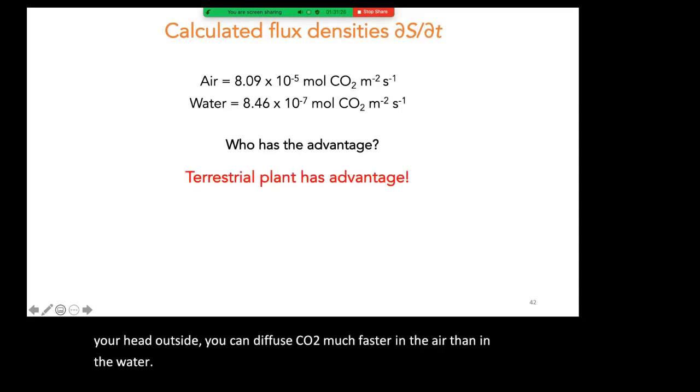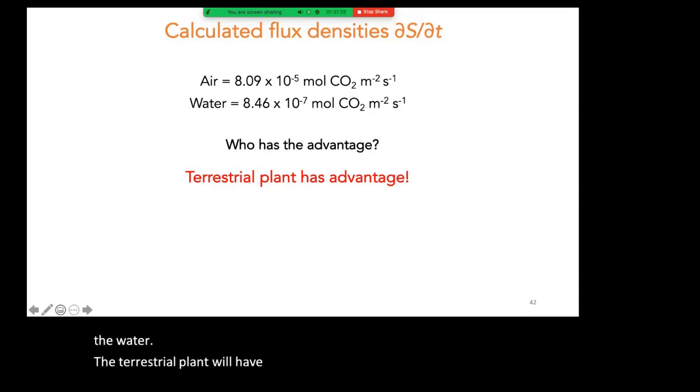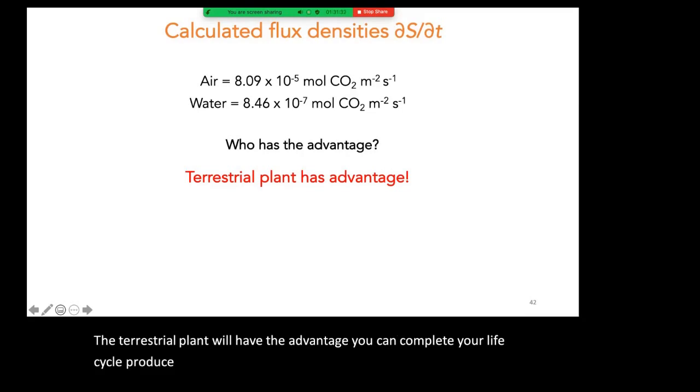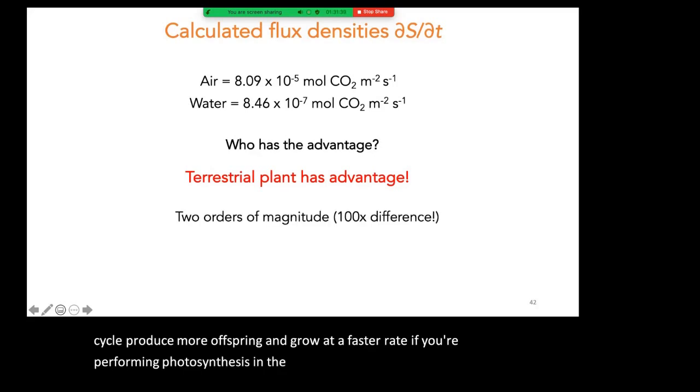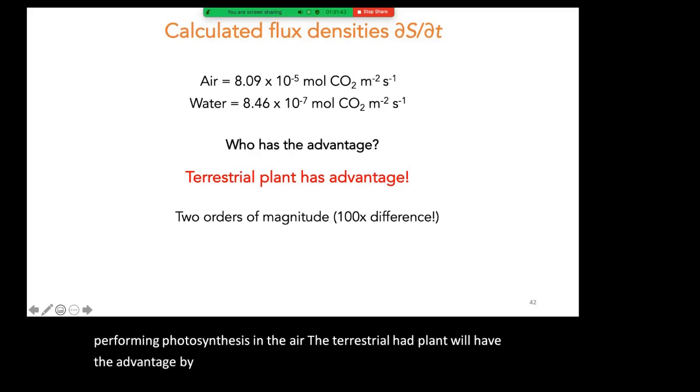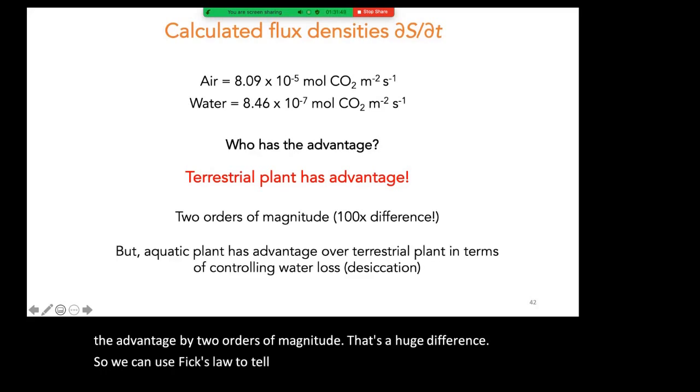The terrestrial plant will have the advantage. You can complete your life cycle, produce more offspring, and grow at a faster rate if you're performing photosynthesis in the air. The terrestrial plant will have the advantage by 2 orders of magnitude. That's a huge difference. So we can use Fick's law to tell us who has the advantage.